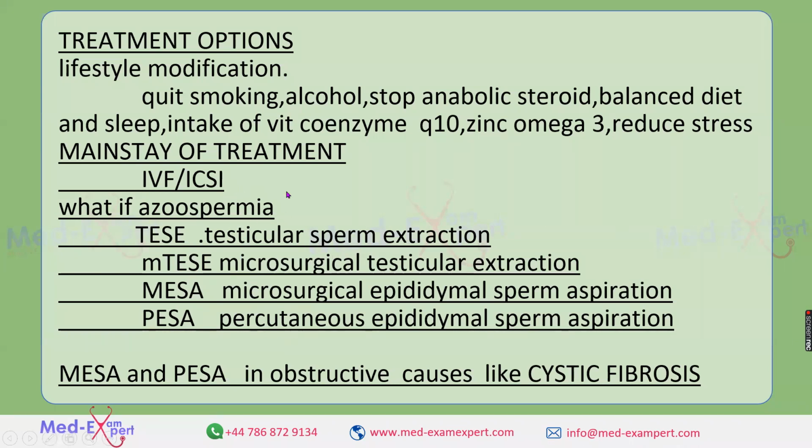You have to select according to your case. When azoospermia, Mr. Smith, if there is no sperm in the semen, then you can tell Mr. Smith, as there is no sperm in your semen, however, there is a chance that we can take out sperm from the deeper tissue of the testes by a special doctor called an andrologist.